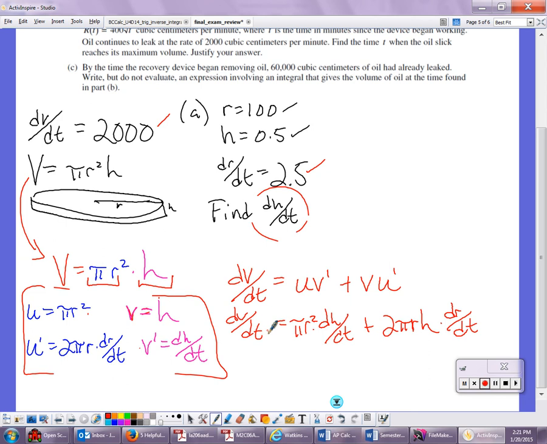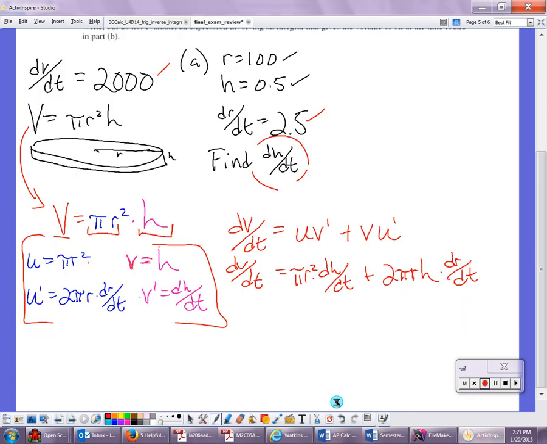Once you've got this, it's pretty straightforward because what do we want? Well, we want to find dh/dt. We know dV/dt, we know r, we know h, and we know dr/dt. So we know everything except dh/dt. It's just a matter of using the algebra to get everything in the right order.